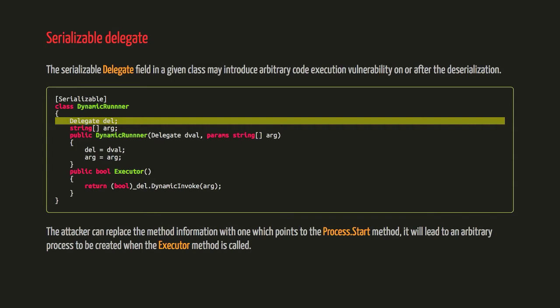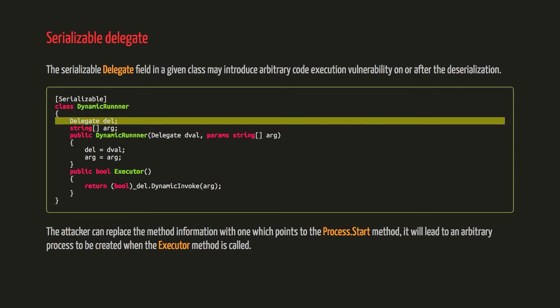Another problem close to injection is represented by serializable delegates. In C#, delegates and lambdas can be serialized, and this may introduce an arbitrary code execution vulnerability on or after the deserialization process. Looking at the example, we have a DynamicRunner class marked with the Serializable attribute.